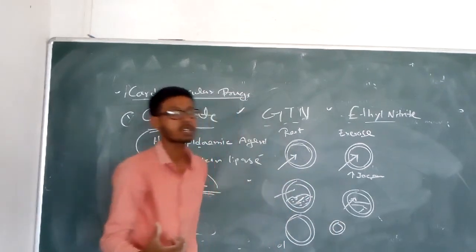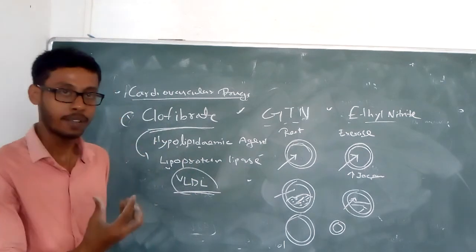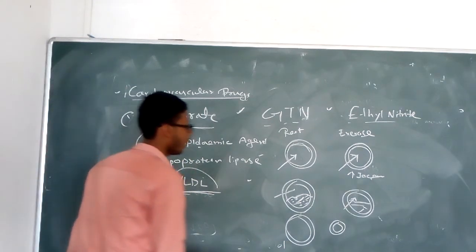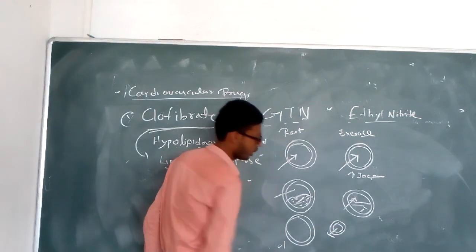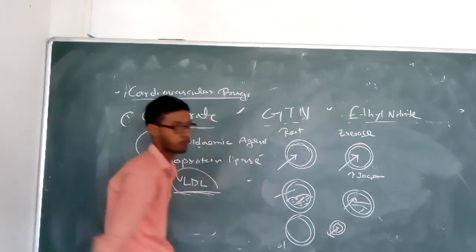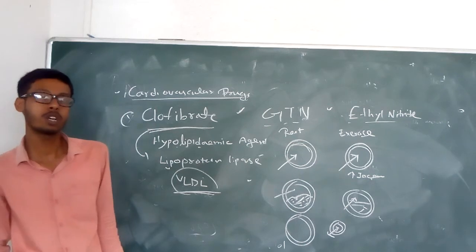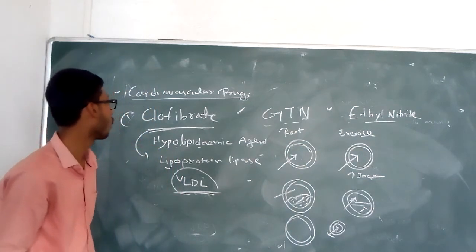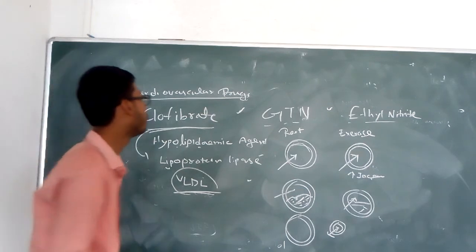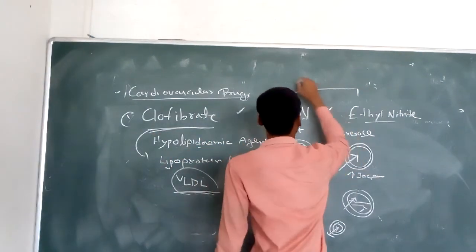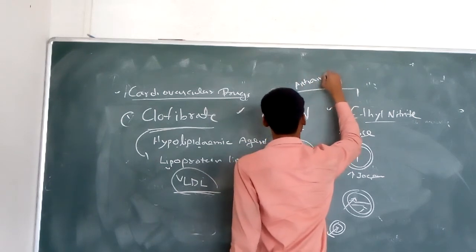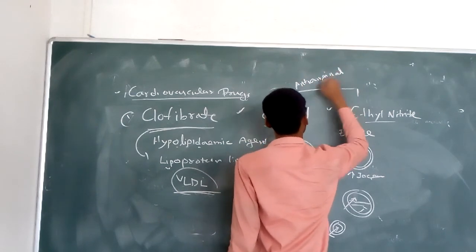Spasms means the contraction of the blood vessels, so the inner diameter of the blood vessel also decreases, and that also decreases the flow rate, so that it is unable to supply adequate oxygen to the heart, and it is also responsible for the angina pectoris. So this is known as the anti-anginal drug.